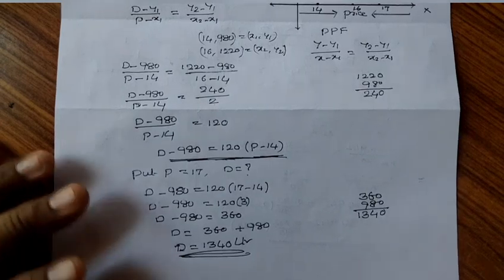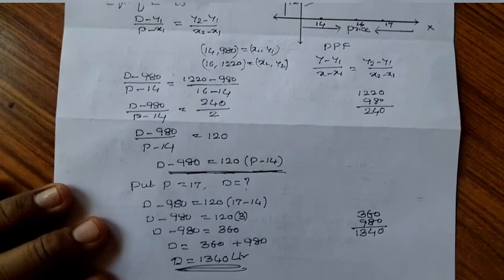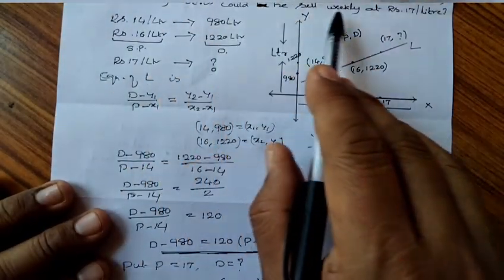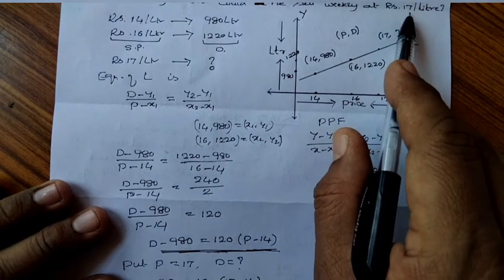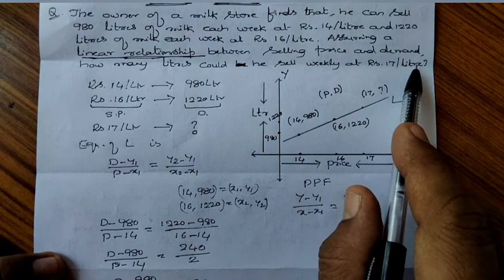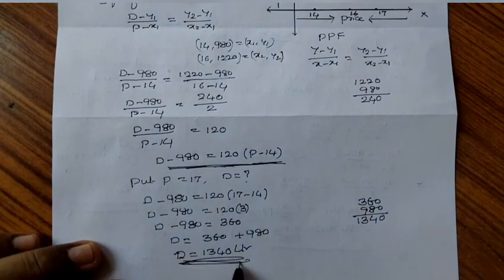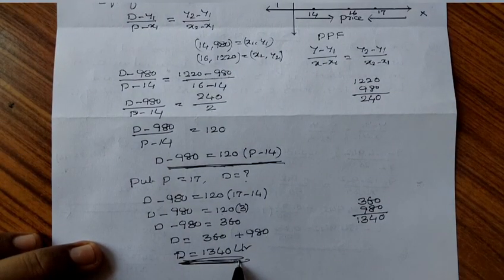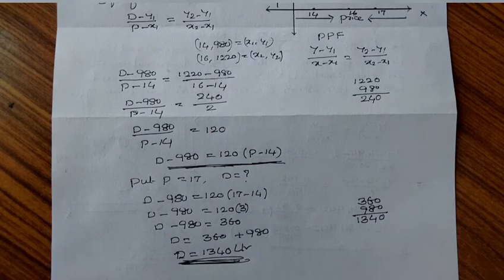This is what is required. So the demand of milk at rupees 17 per liter is 1340 liters. I hope you got it. Yes or no? Thank you for watching.